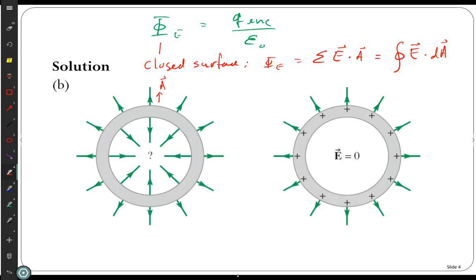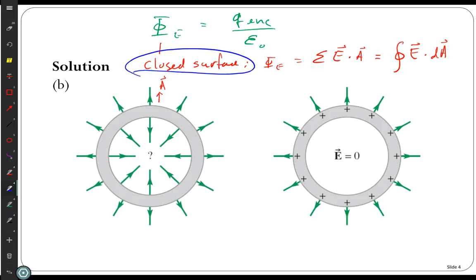And so that means this sum of electric field dotted to the area is simply the strength of the electric field at my surface times the total area of the surface. Now here's something that makes this a little more fun for us. The closed surface is not necessarily a physical surface.